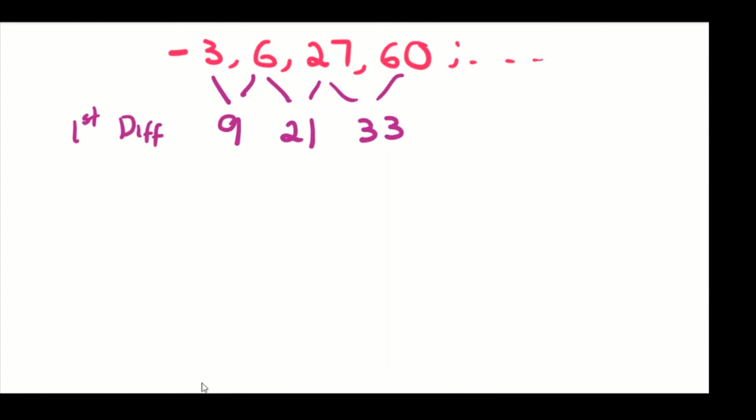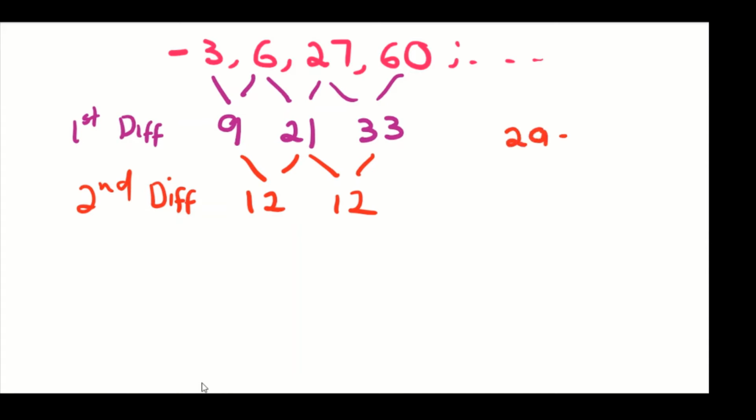And then we find the second difference, which will give you 12. So this is the second difference. So 2a is equal to the second difference, which is 12. So divide by 2 both sides.